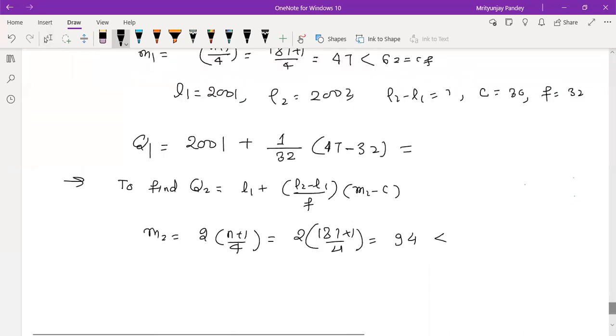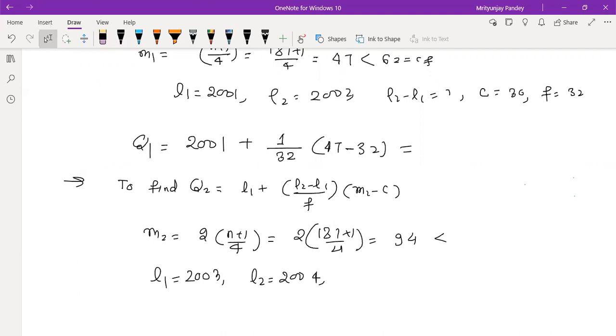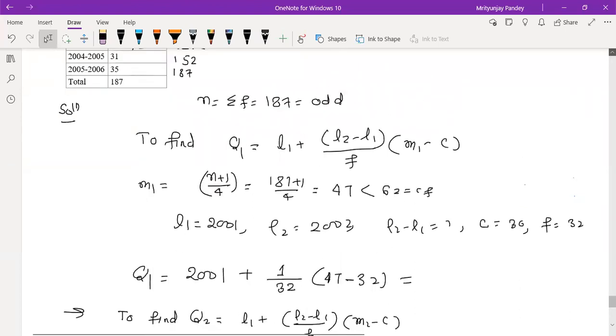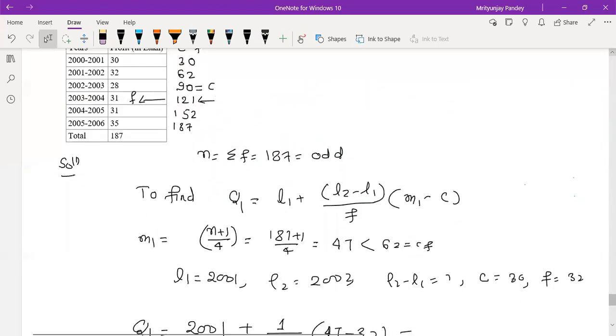So now L1 is 2003, L2 is 2004. The difference between that is 1. C is, and F is, let's check once again what C and F were. In the table, 94 is just less than 121. So in front of 121 the frequency is 31, and the previous cumulative frequency is 90.